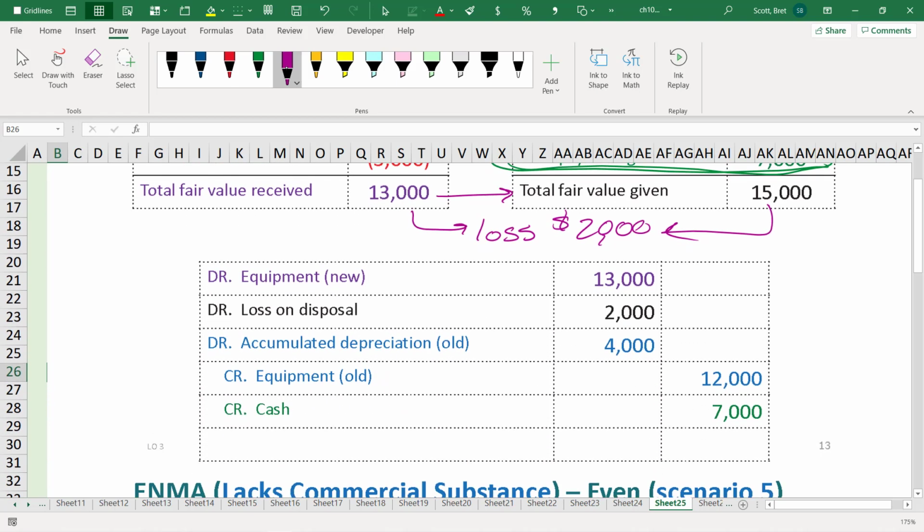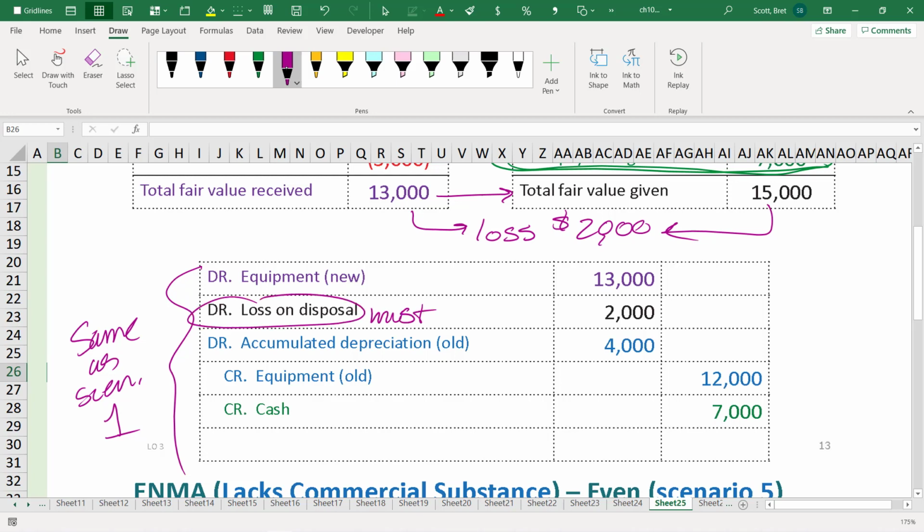So down below, what you see is the exact same journal entry, same as scenario 1. There's no difference. If we incur a loss on a non-monetary asset exchange or an exchange transaction, anytime we incur a loss, we must record that loss.